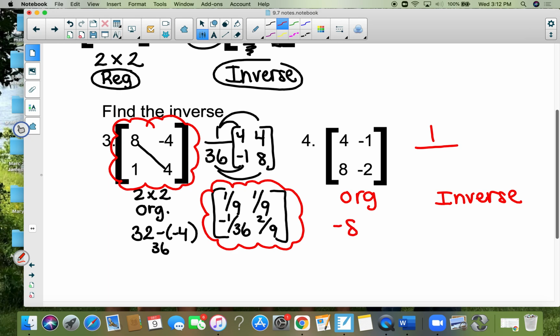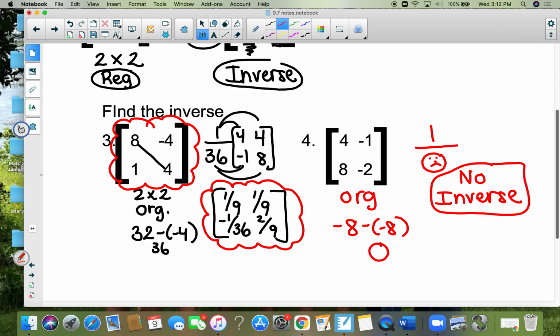So a -8 minus a -8 ends up equaling 0. You know that there can never be 0 in the denominator in math. So this one has no inverse. It's only when the determinant is equal to 0 that the 2 by 2 matrix does not have an inverse.